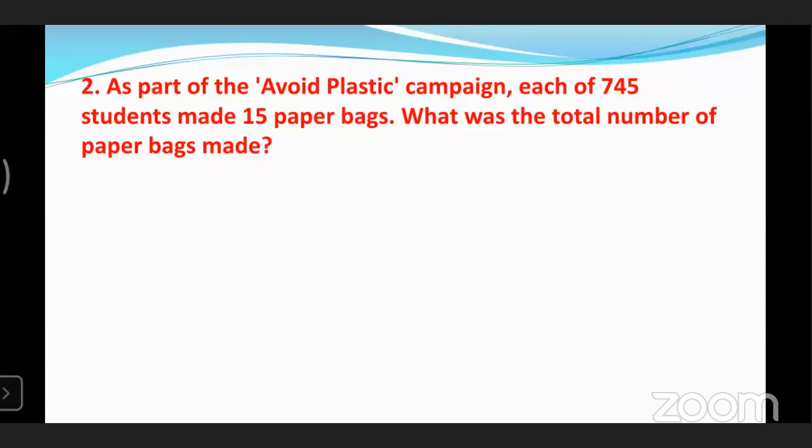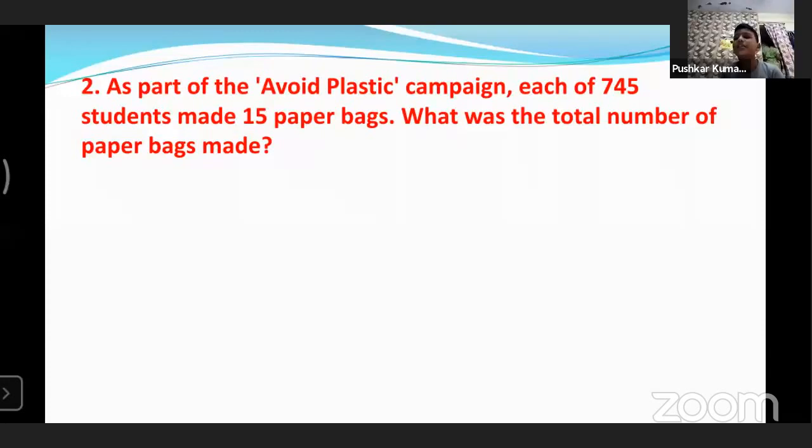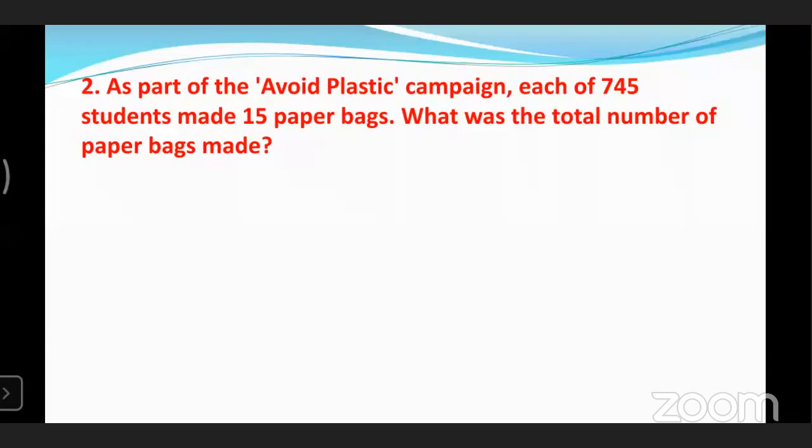As part of the Avoid Plastic campaign, each of 745 students made 15 paper bags. What was the total number of paper bags made? Now, which operation will you do here? Multiplication. Yes, very good.